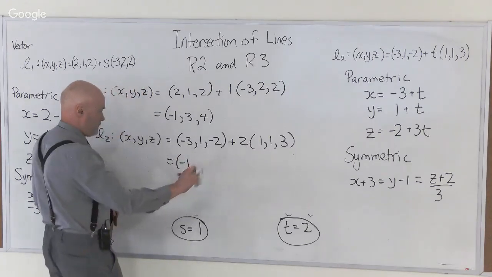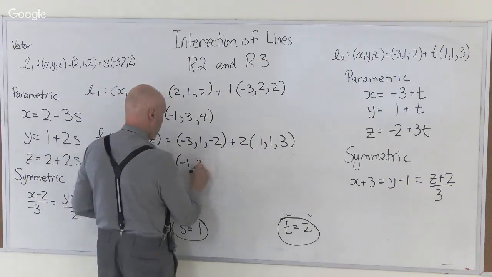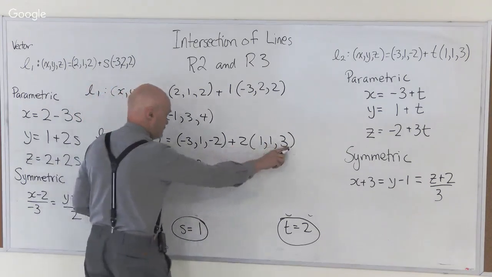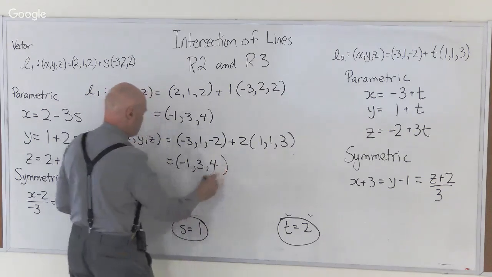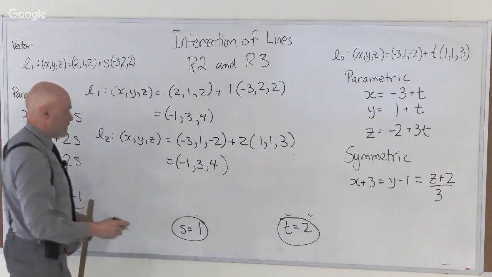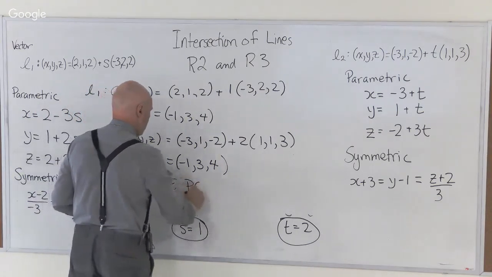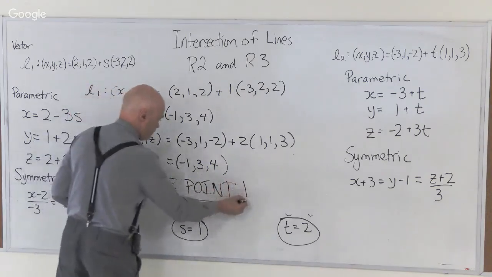So far, so good. Okay, 1 plus 2 times 1 is 3. And -2 plus 2 times 3 is 4. All right, hooray. It is the same point, okay?